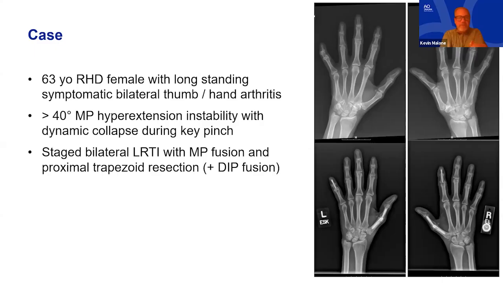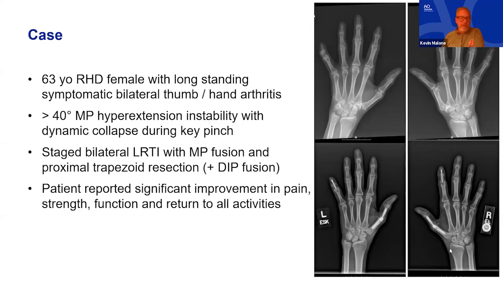So she underwent staged bilateral LRTIs with concomitant MP joint fusion and proximal trapezoid resection. And as you can see, I also added a DIP fusion of her left small and right index finger. By about 6 months after her second surgery, she was reporting significant improvement in all metrics and function, and she had already returned to all of her activities.